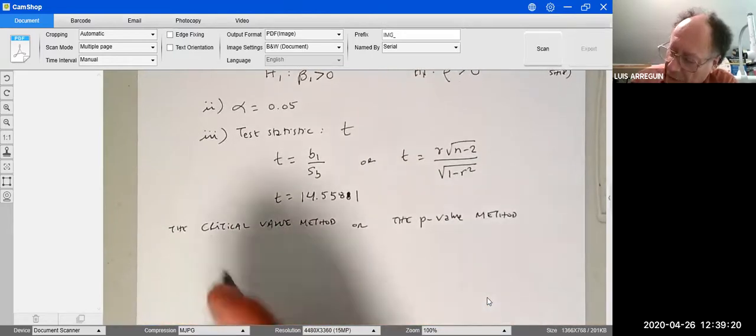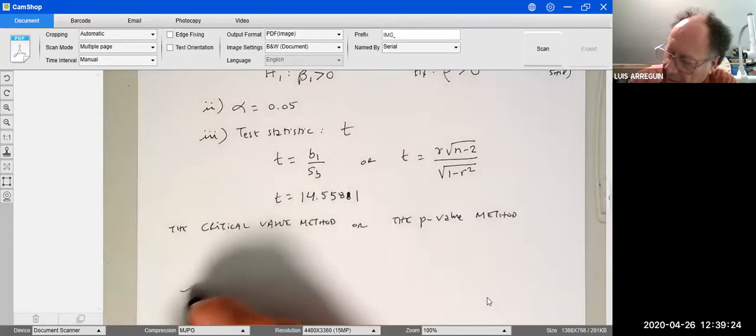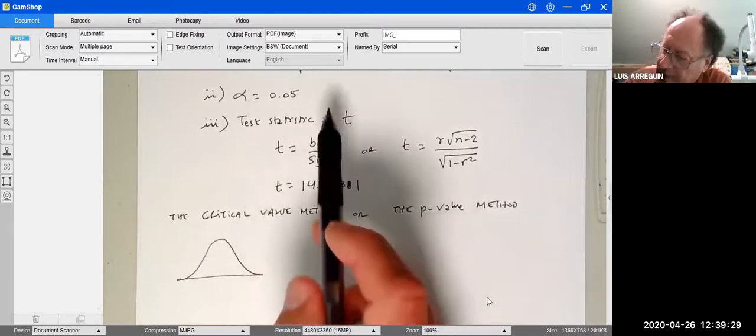So for the critical value method, we have our t distribution, and this is a right tail test.